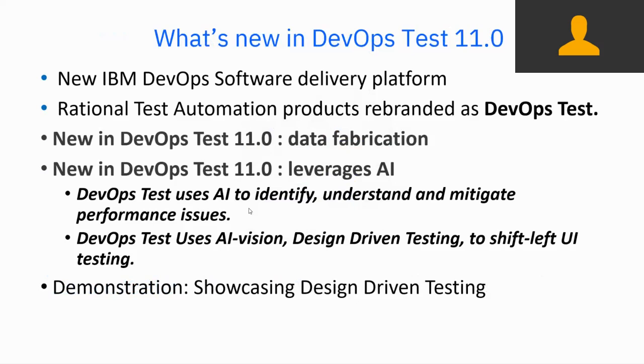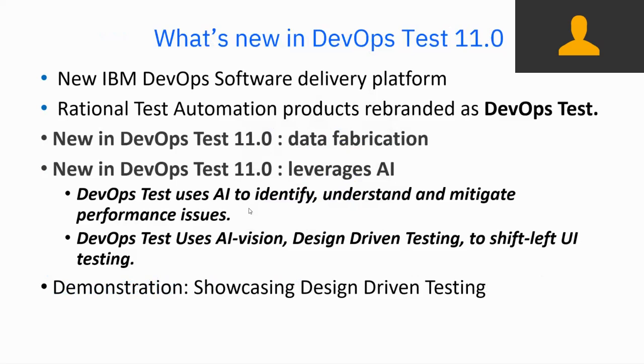We'll give a word on the new data fabrication functionality that has been introduced since one version, I think, but is more mature now in version 11. We will not have a demonstration of the data fabrication. We will have a showcase on the new artificial intelligence technique that has been introduced into this release, with two subjects.